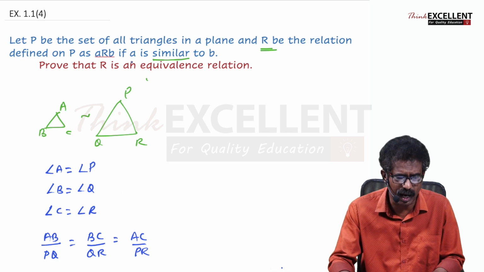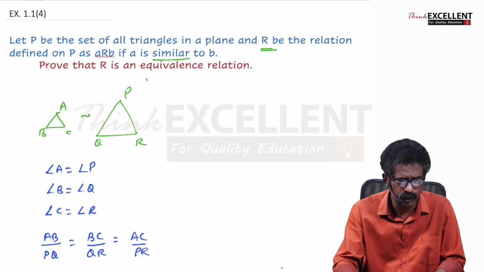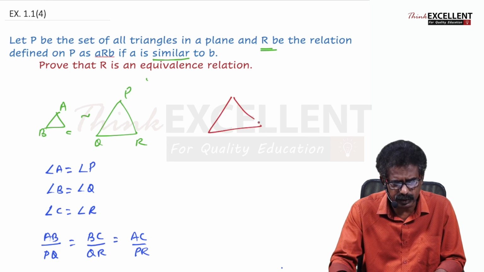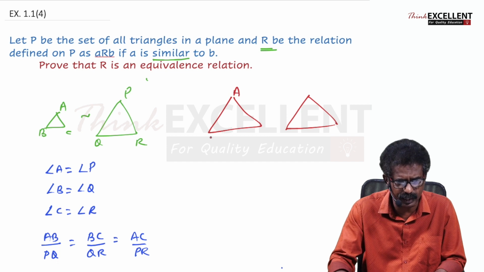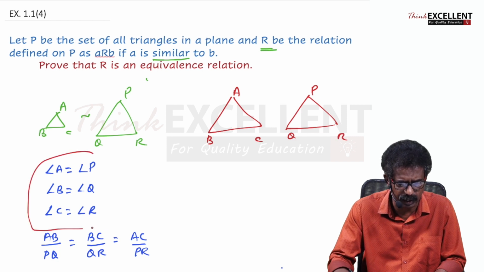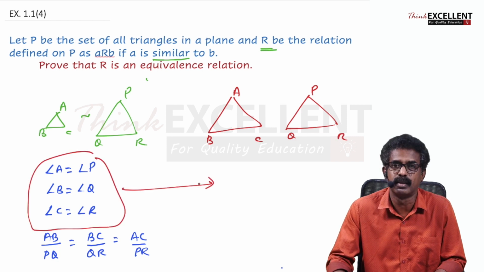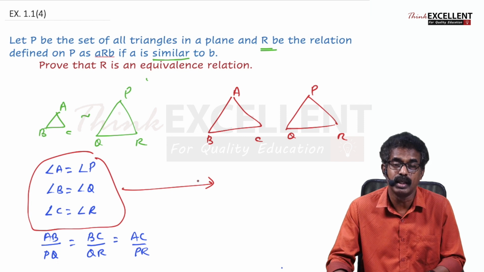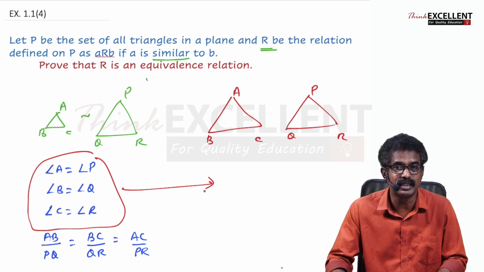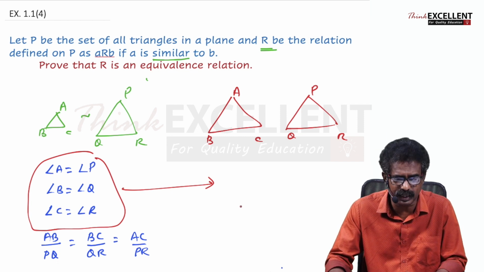But in the case of congruent, congruent means same shape and same size. So ABC is one triangle and PQR is another triangle. Here also the same result: all the corresponding angles are equal. In similar we say sides are proportional, but here the sides are also equal.